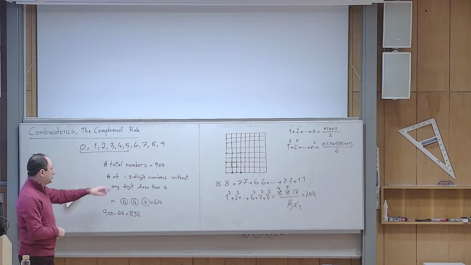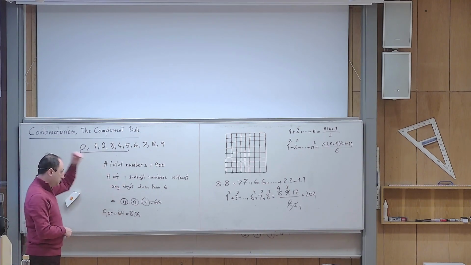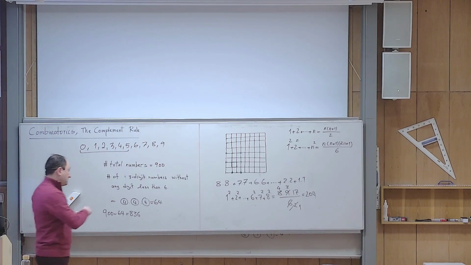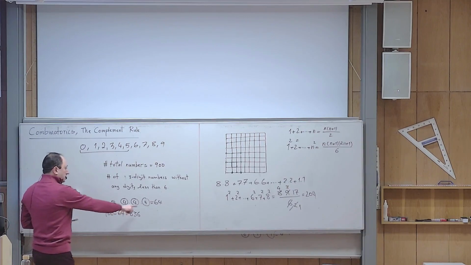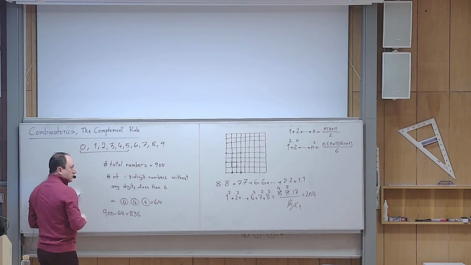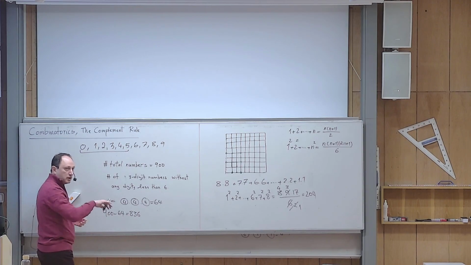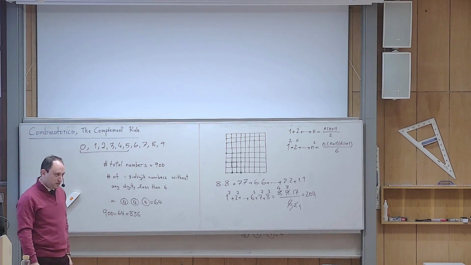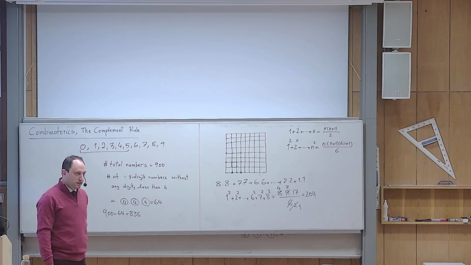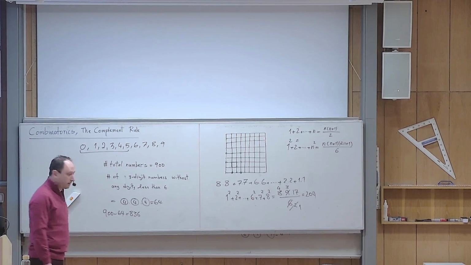Yes. 3-digit numbers without any digits less than 6. So it means that 64 of them do not contain any digits less than 6 at all. And then when I take them away, what is left means that there is at least 1 digit less than 6. Okay.